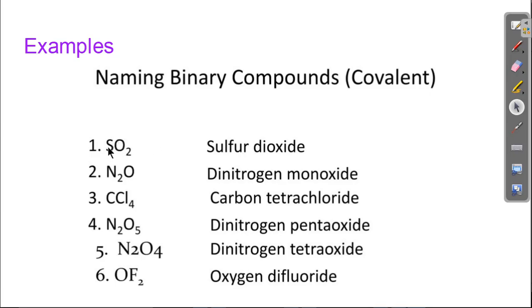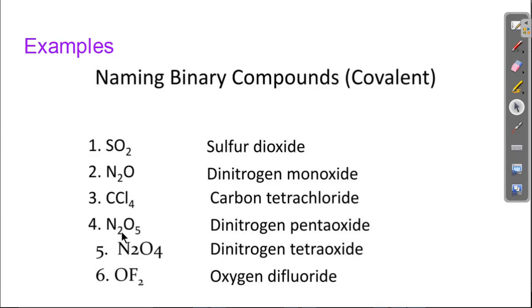So you're using the same thinking you were using for ionic compounds, but now those subscripts need to be mentioned. Now, nitrogen is not one, it's two. That means you need to mention that. The only one you can skip is if it's the first one is one. So dinitrogen, one oxygen, monoxide. Mono always is used for the second one. Not for the first, but the second means the mono. Carbon tetrachloride.